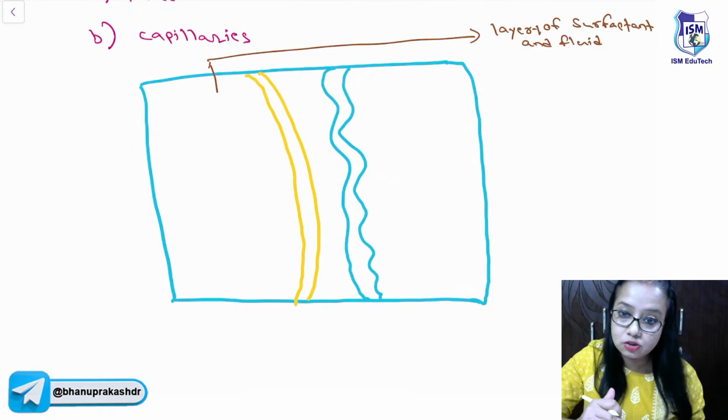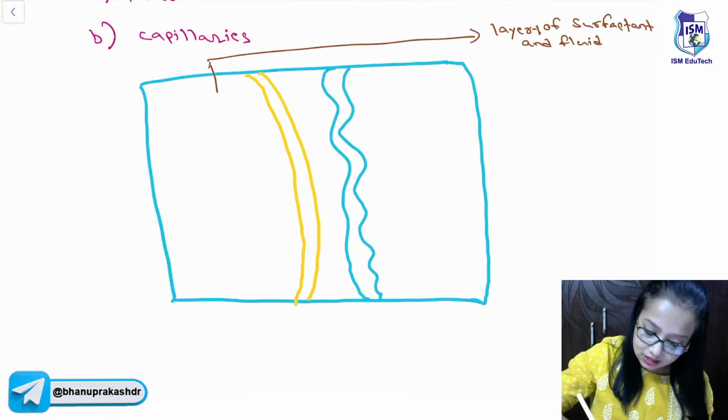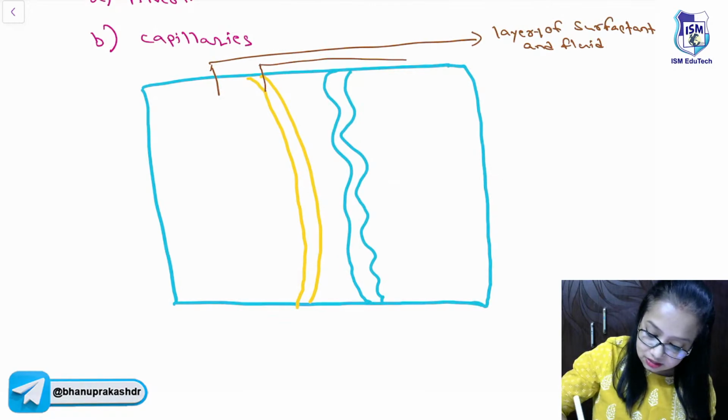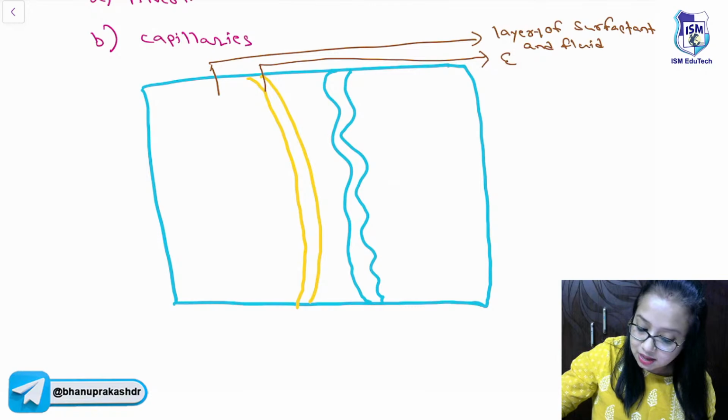Now, interior to that is the second layer, which is the epithelial layer of the alveoli.